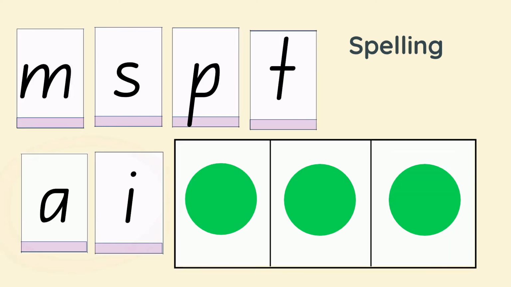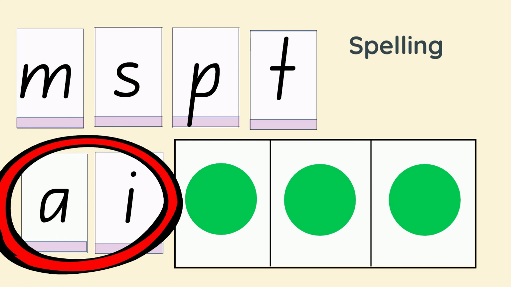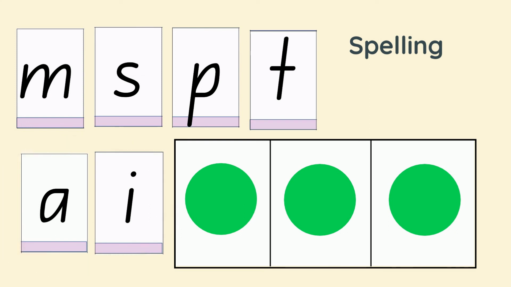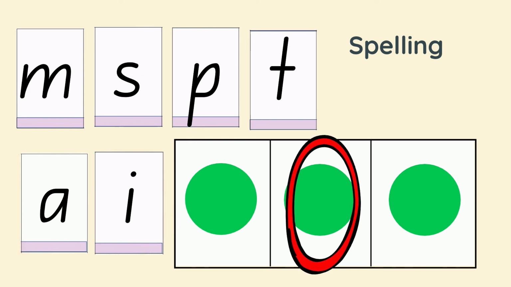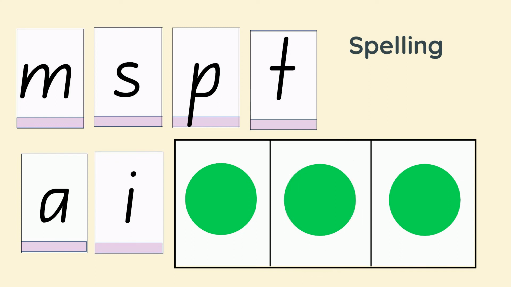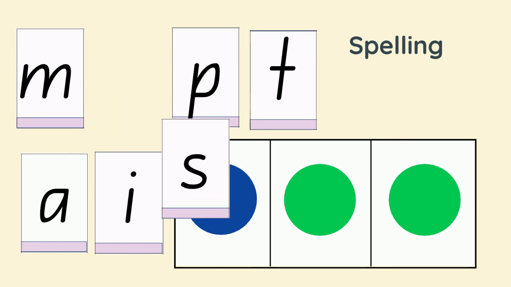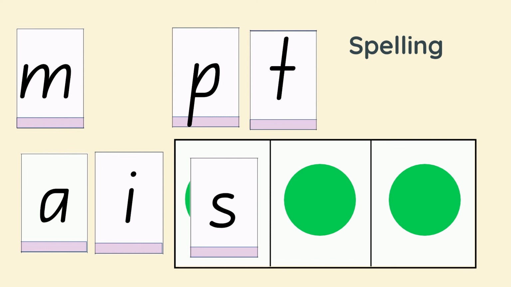I have moved the vowels A and I down to the bottom. Remember, vowels are often found in the middle of three phoneme words. Let's spell the word sit. Stretch it out. S, I, t. So the first sound was S. Which letter represents S? The letter S. S, I. I is the next phoneme.